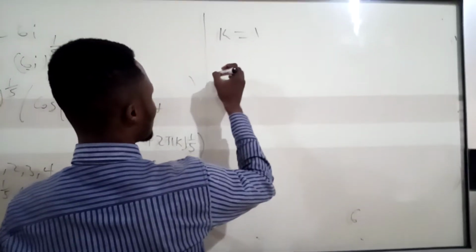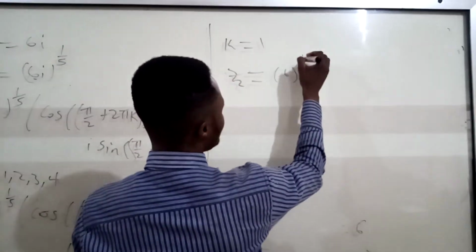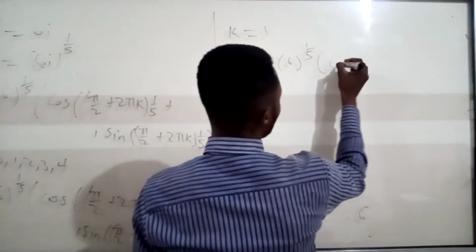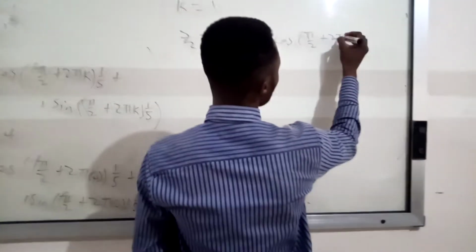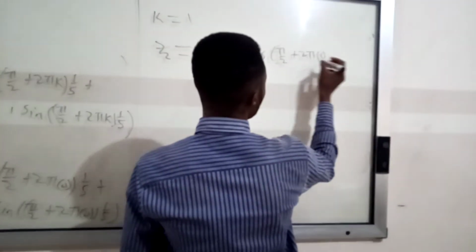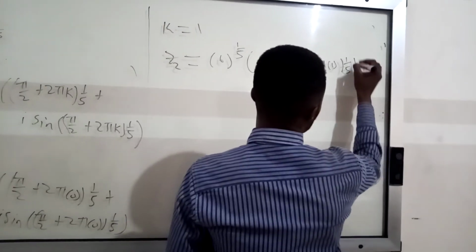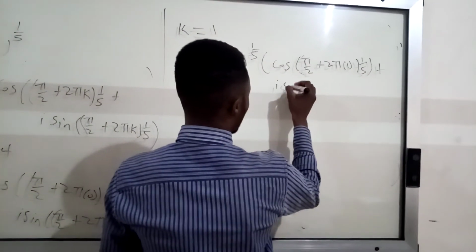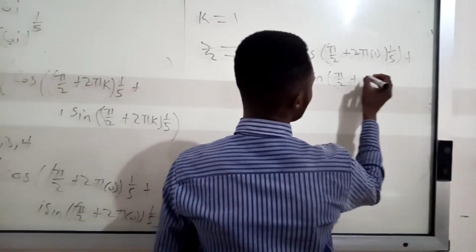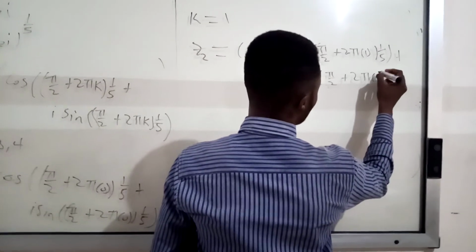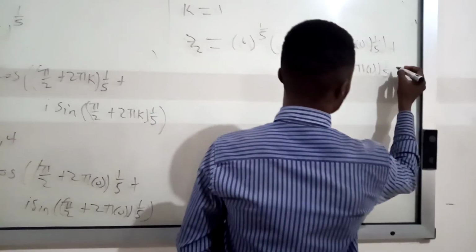We have Z2 equal to 6 raised to the power 1 over 5, cos of pi on 2 plus 2 pi times 1, times 1 over 5, plus i sin of pi on 2 plus 2 pi, that is k equal to 1, times n, which is 1 on 5.